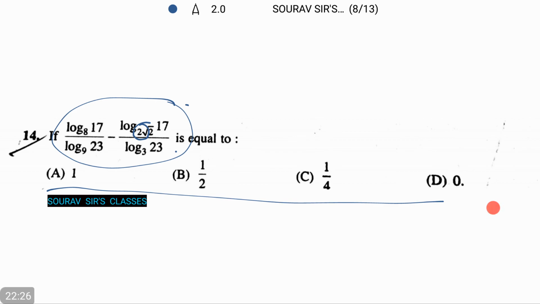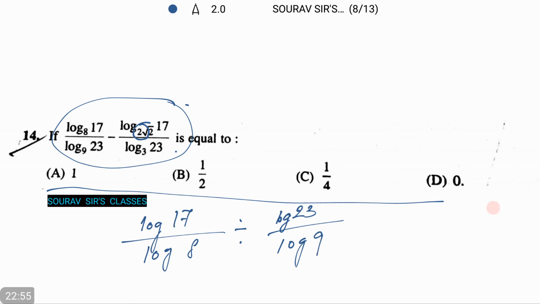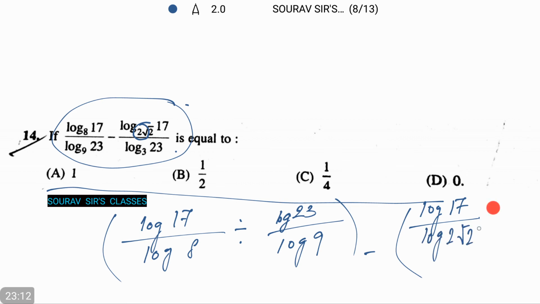So what we do is, we evaluate this as log 17 by log 8 divided by log 23 by log 9, and we subtract log 17 by log 2 root 2 divided by log 23 by log 3. Fine enough.